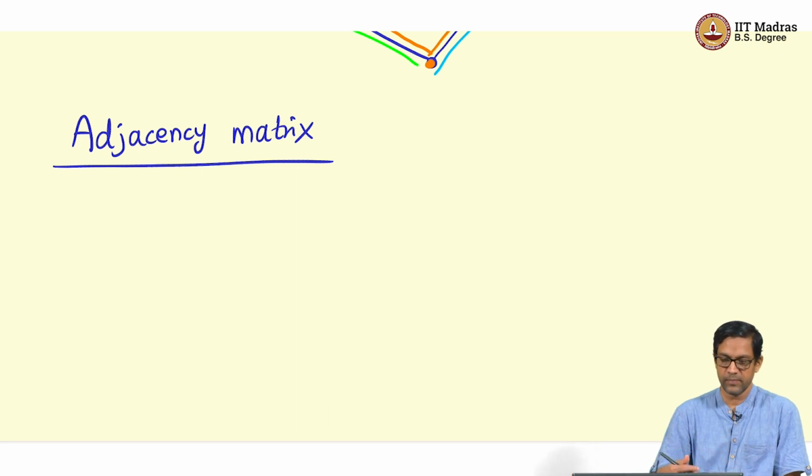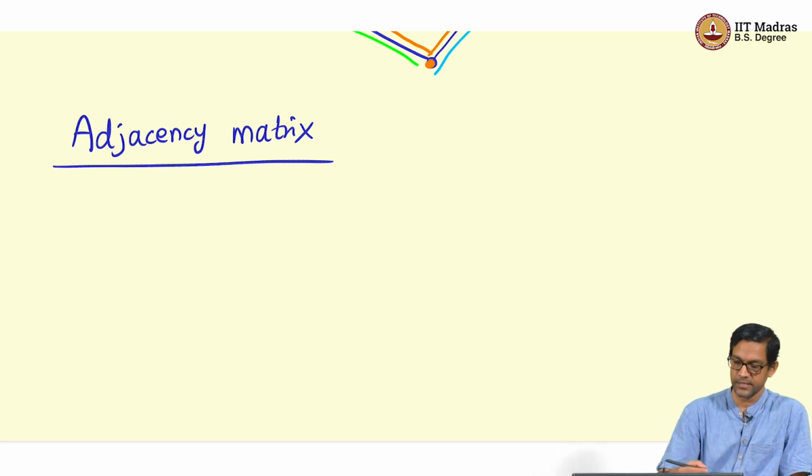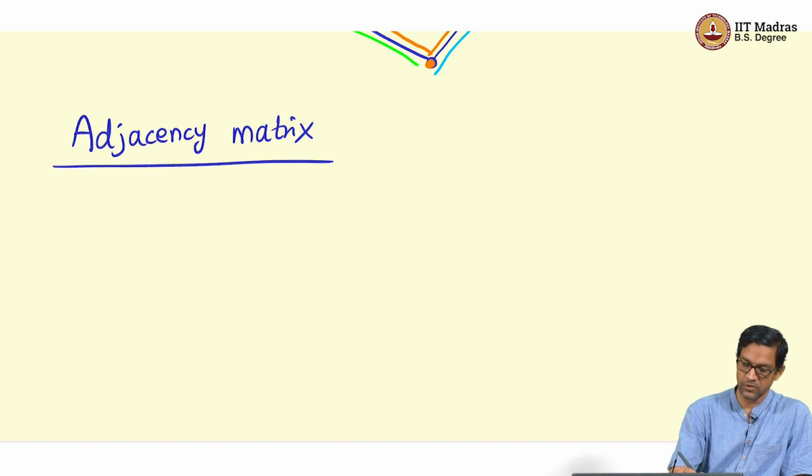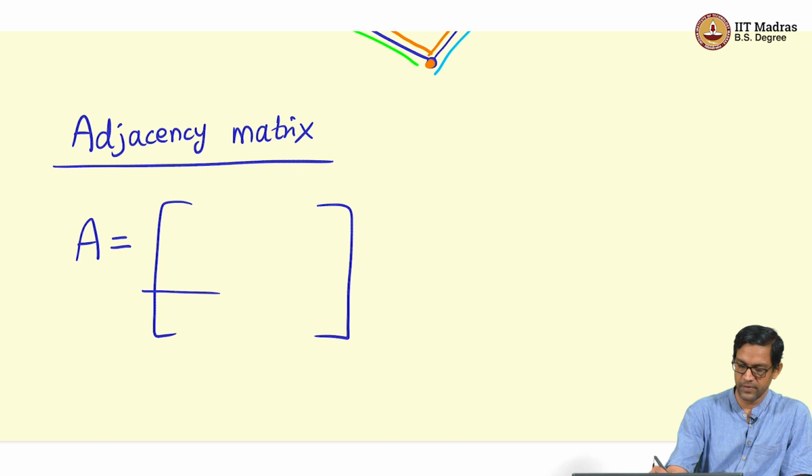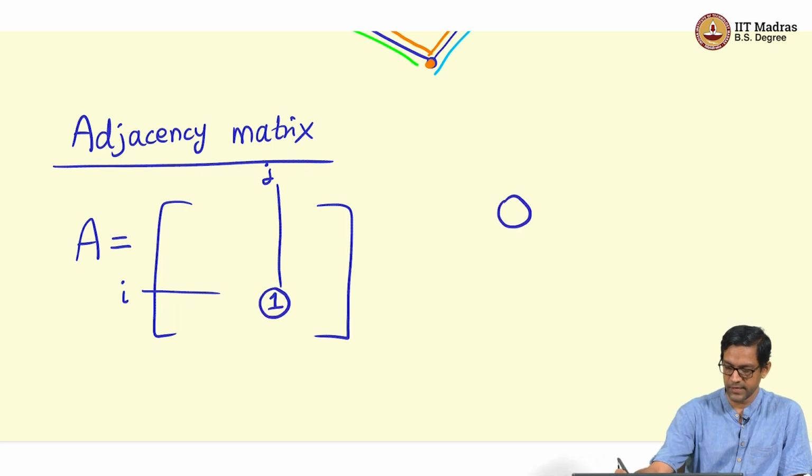There are many different formats, one of which is the adjacency matrix, which tells you which vertices are connected to each other. So, if you are given the adjacency matrix of a graph, recall that the matrix had a lot of zeros and ones. So, when does it have a 1? Exactly when the ith row, jth column entry is a 1, provided the vertex i is connected to the vertex j.